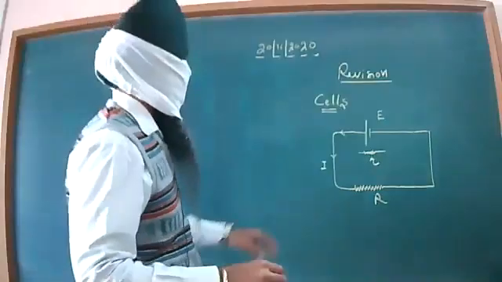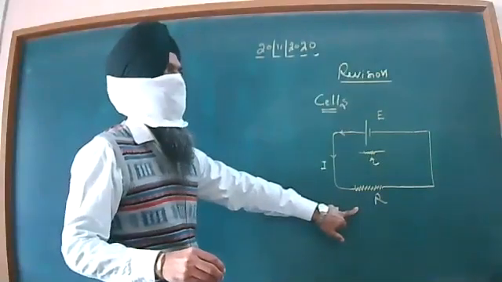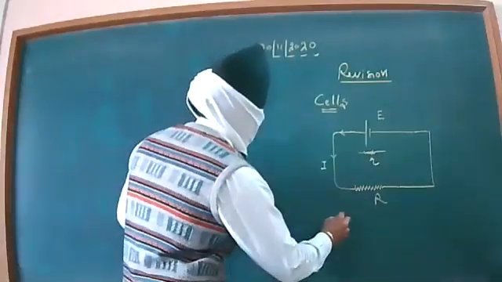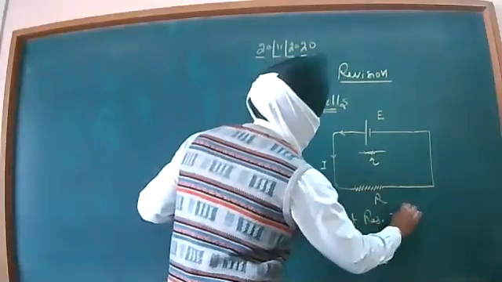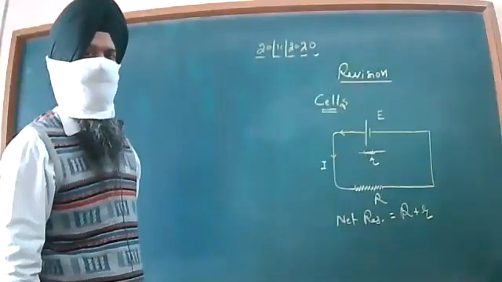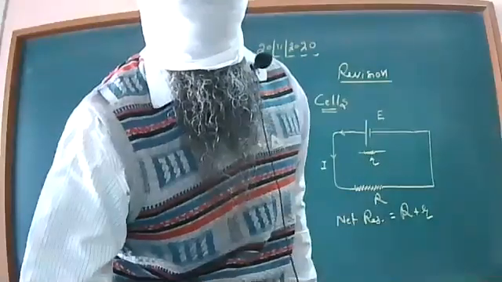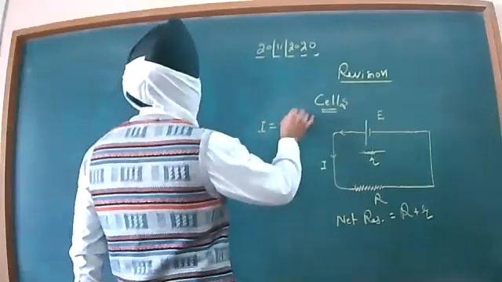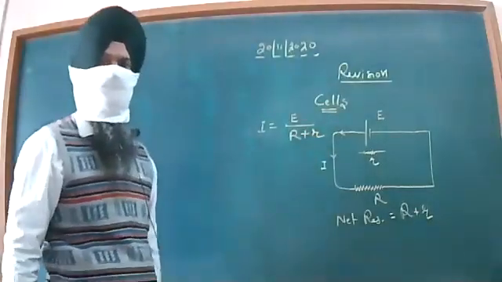Now furthermore, if I consider these two resistors, the internal resistance of the cell as well as the resistance of the external resistor, these both are in series, and the net resistance is equal to capital R plus small r in this case. In this manner, the electric current I is equal to the EMF E upon capital R plus small r.